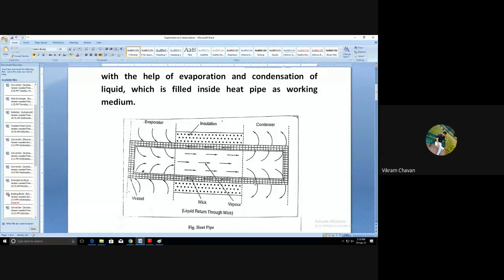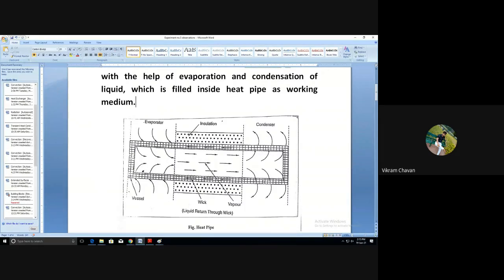Now, this transportation of the working fluid in liquid form from the condenser section to the evaporative section happens because of capillary action. And we have also discussed that this capillary action will be affected by the gravitational force.